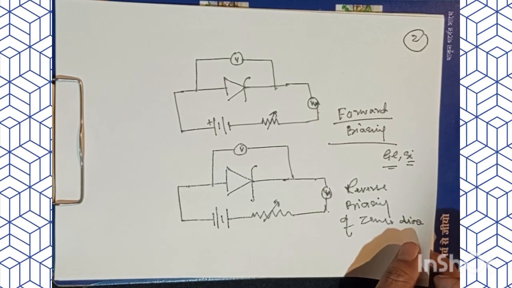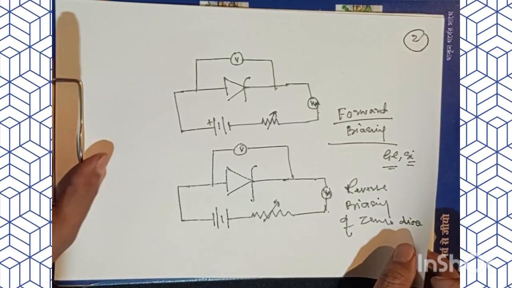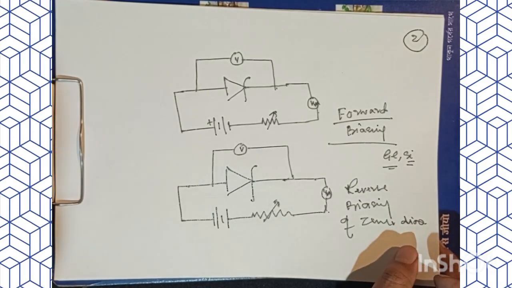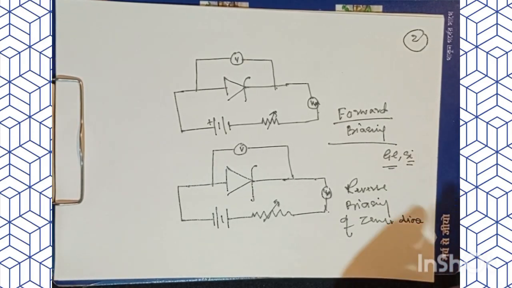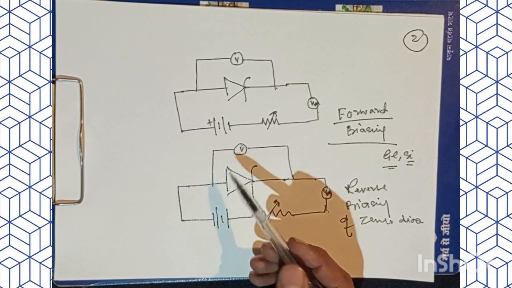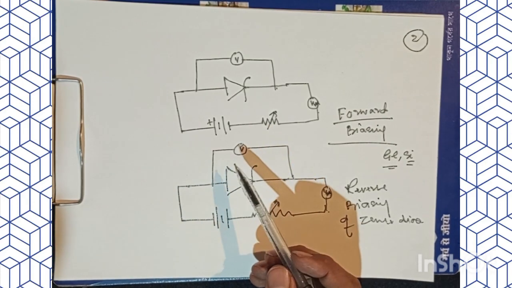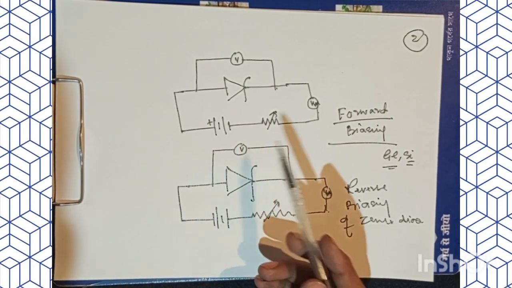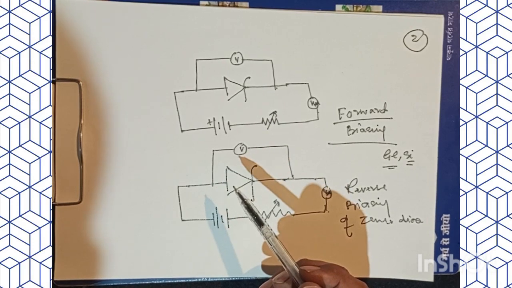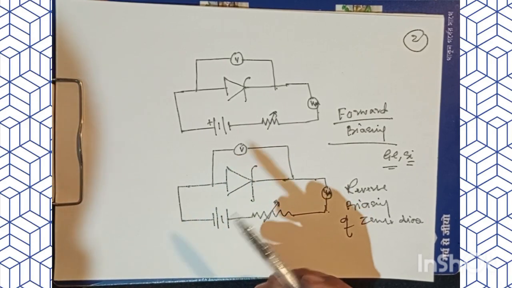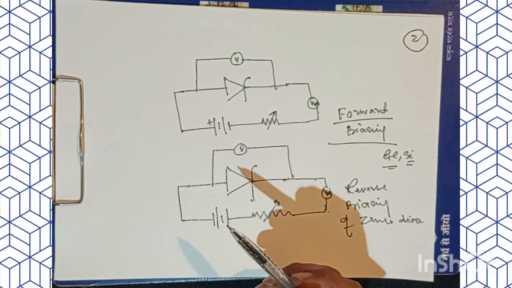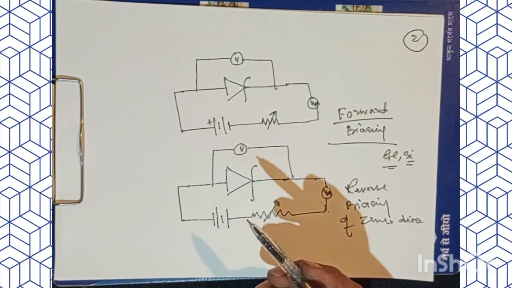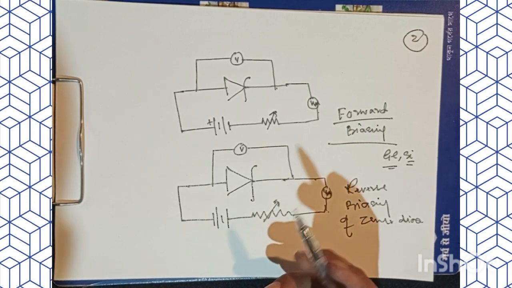That's the point of contention that we would like to discuss. If you see the VI characteristics of the zener diode, they certainly indicate a large flow in the circuit even with a small change in the reverse voltage.